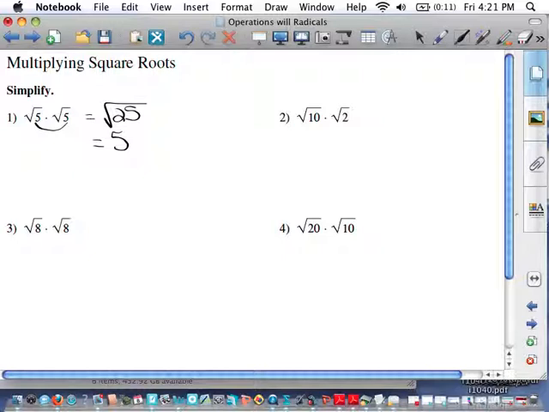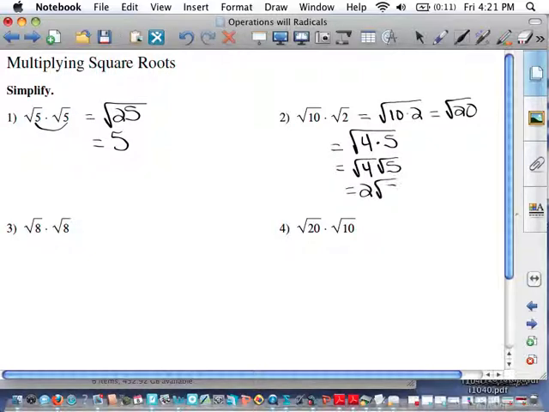Number 2, multiply the radicands together, so 10 times 2 gives me the square root of 20. Again, if you can simplify that, you should. 20 can be factored to 4 times 5, 4 being a perfect square, so the square root of 4 times the square root of 5 gives me 2 root 5.